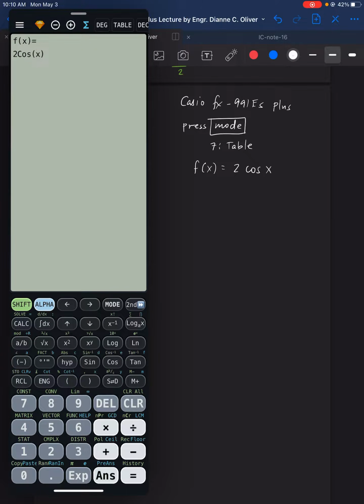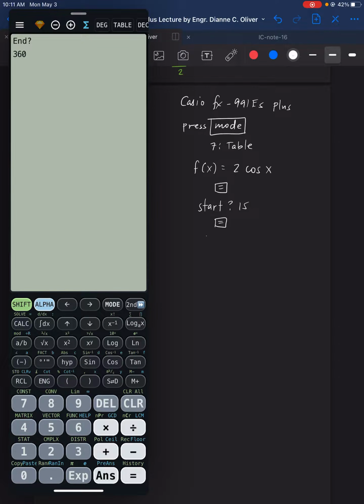Then press equals. So just leave it there. If it's asking for the start, put 15, because we will start at 15 degrees, then press equals.